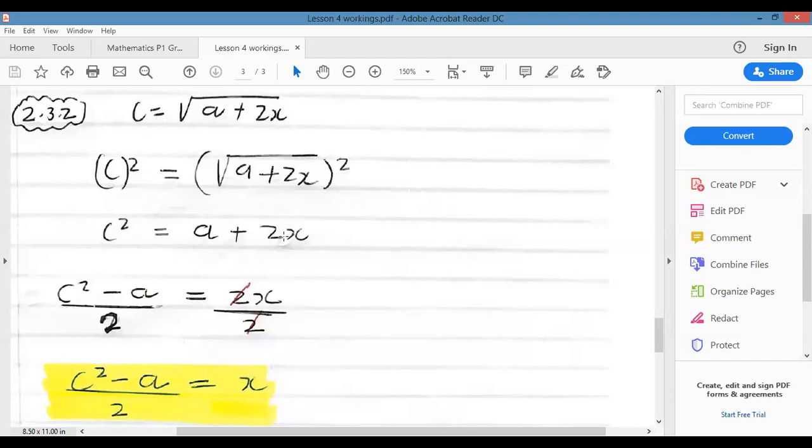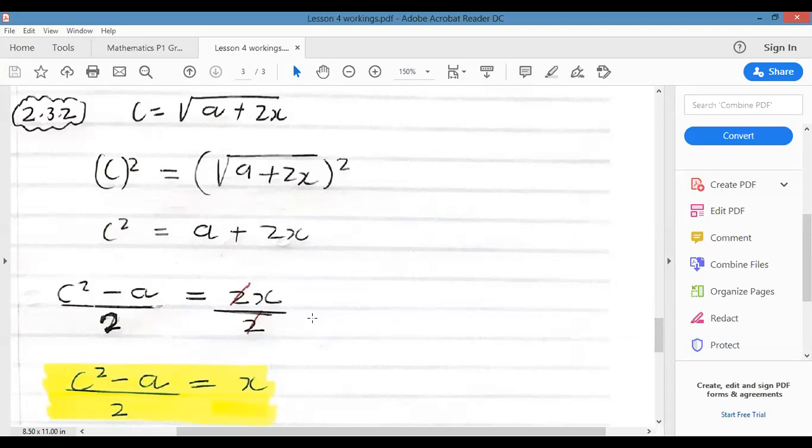But remember now, guys, the question said solve for x. Therefore, you must transpose a to the other side. So it's going to be c squared minus a, because a here was positive, so when you transpose it to the left-hand side, it will be negative. Then you'll be left with 2x, but the question said solve for x, not solve for 2x.